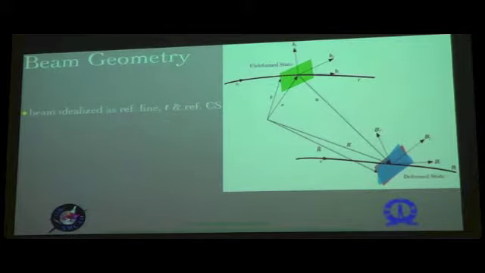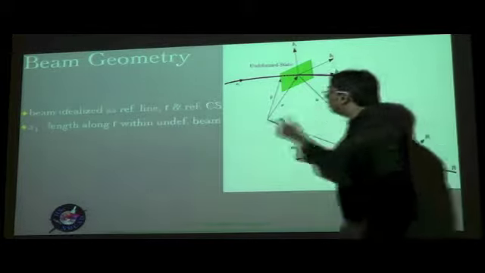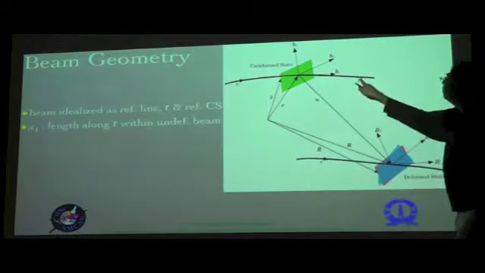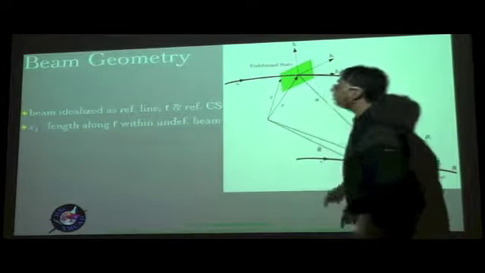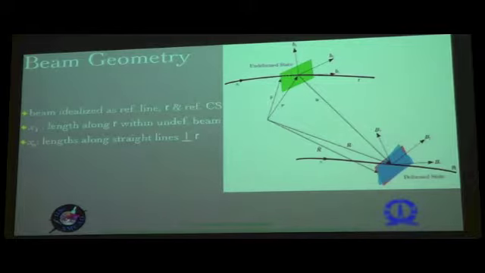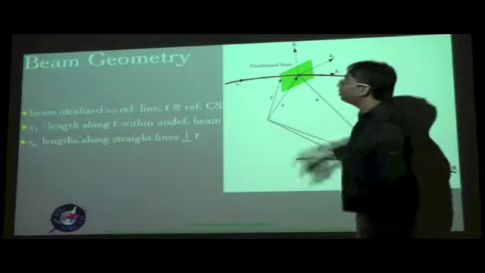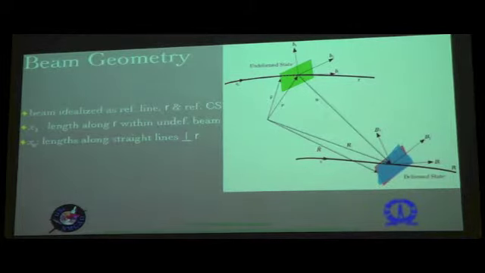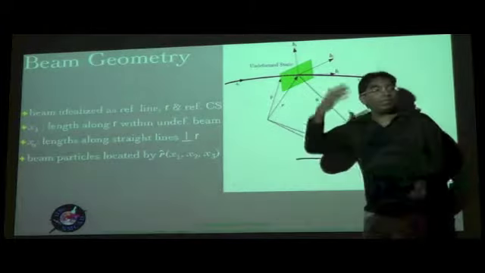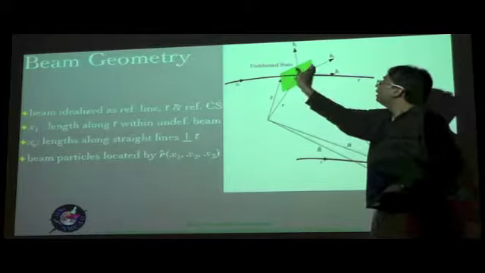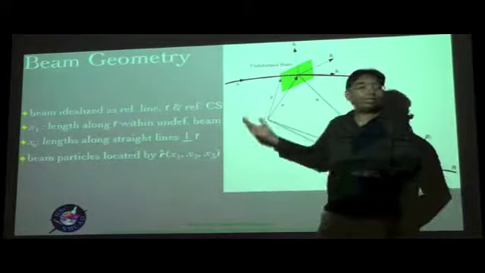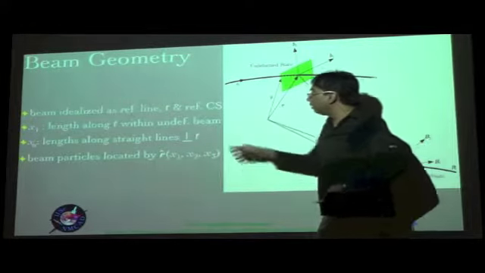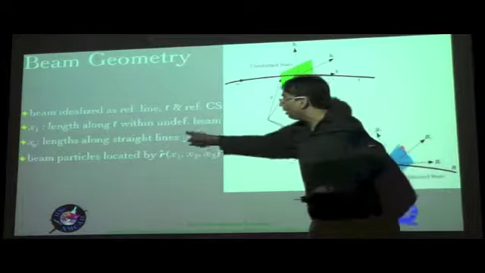You recollect, the beam is idealized as a reference line, which we call R, and x1 is the length along that R, which you see within the undeformed beam, and x alpha are the coordinates introduced within the cross section, so lengths along straight lines which are perpendicular to R. In some situations, as we already talked about, for example swept wings, it might be convenient not to have this perpendicular restriction, so that can be removed as well. It's for keeping things simple in the beginning that we are putting this restriction.